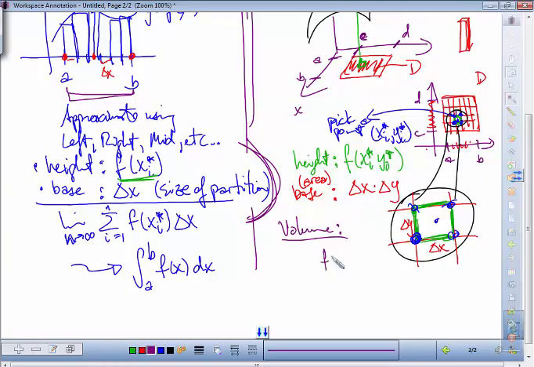So that's f of xi star, yi star. That's your height. And then your length and width is delta x and delta y. And that would be the volume of this one box.